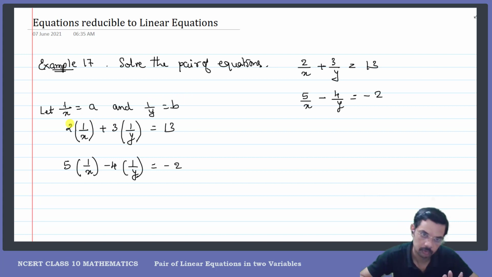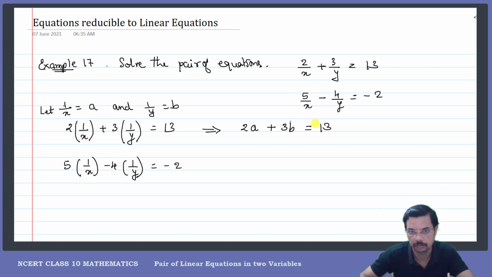Now I'm going to replace 1/x by a. So this equation becomes 2 into 1/x, instead of 1/x I will put a. So it becomes 2a plus 3 into 1/y. What is 1/y? That is b. Okay, and so it is 13.